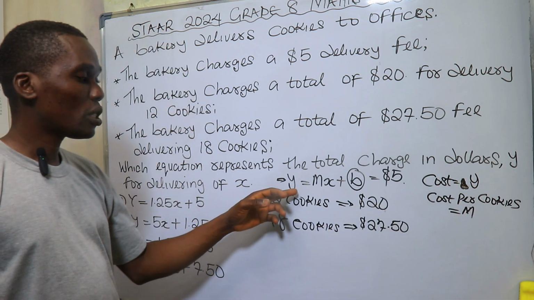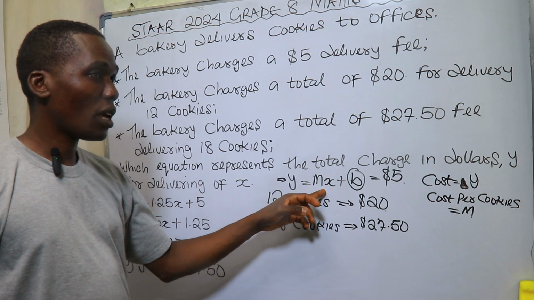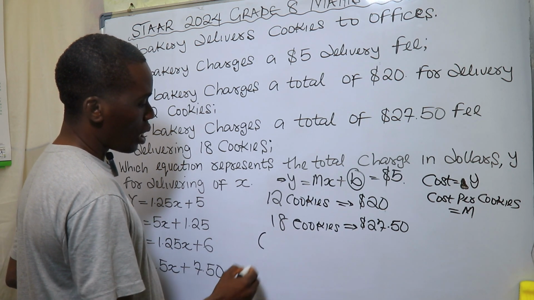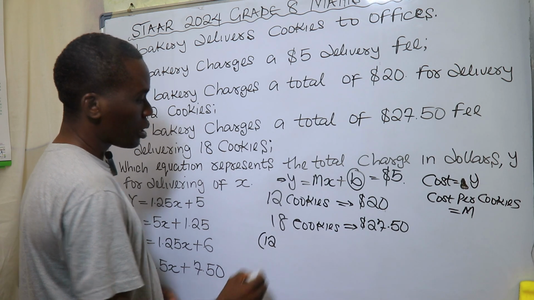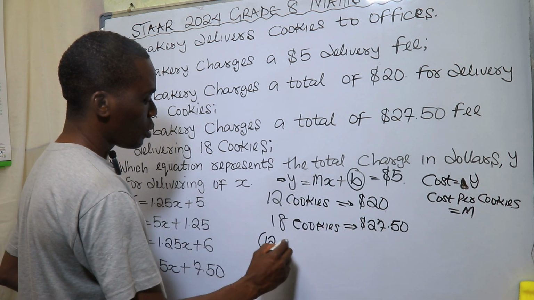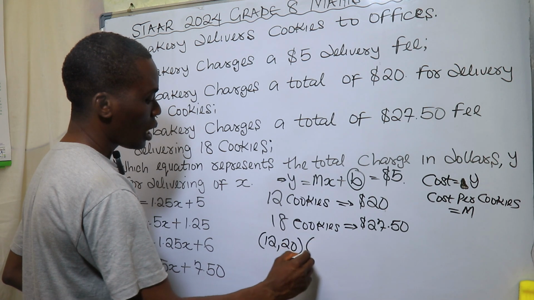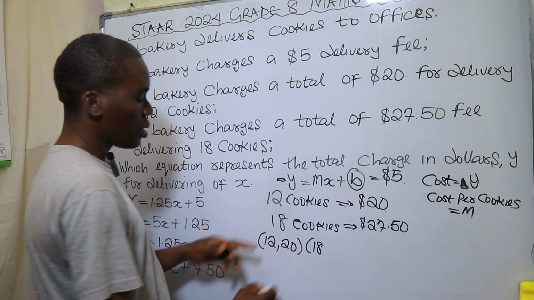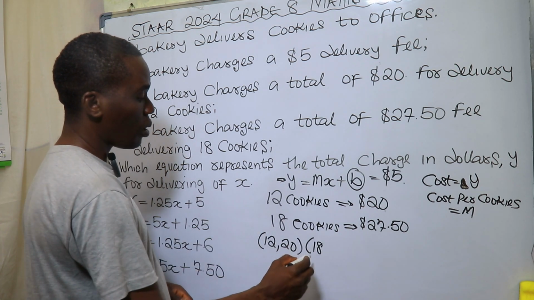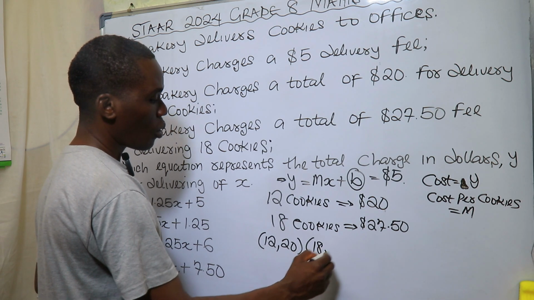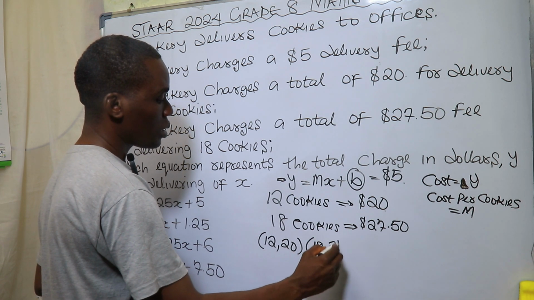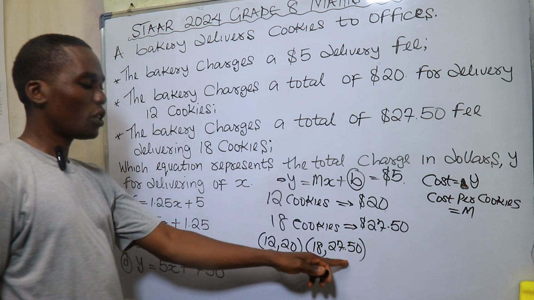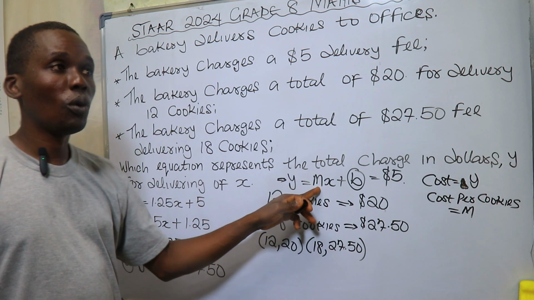These two expressions will give us two coordinates: 12 cookies with a total cost of 20, and 18 cookies, which is the number of cookies, with a total cost y of 27.50. So from these two expressions, we can find the value of m.